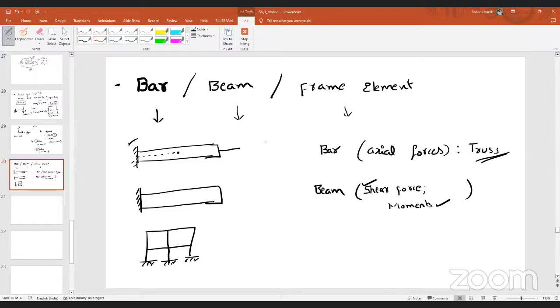So if I want to represent an axial force in a bar, I will draw a line of action along the length of the bar, and then I will represent a force along the direction. This is what I will represent as an axial force.